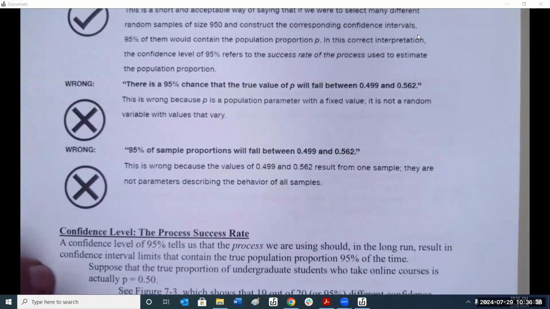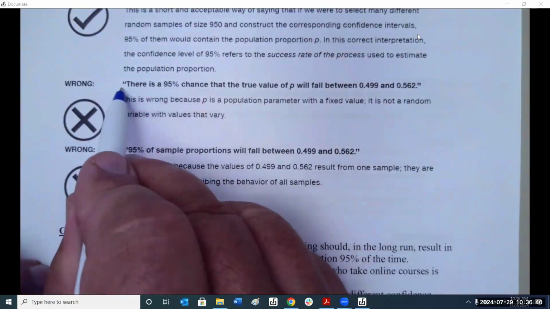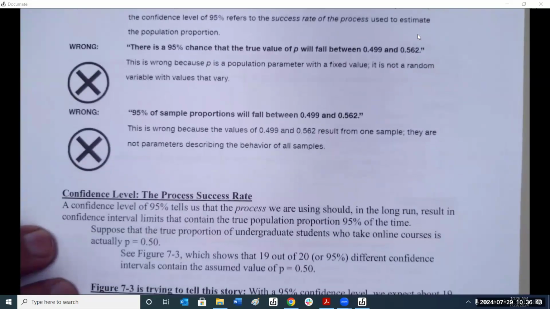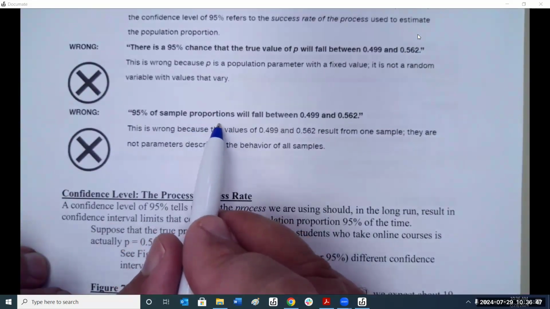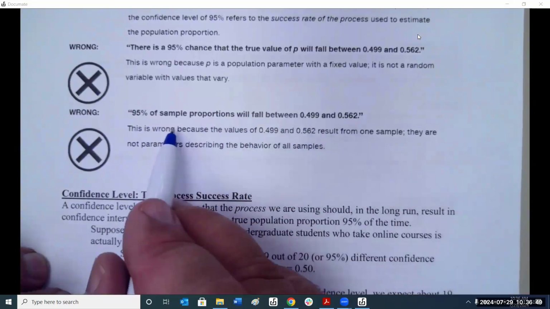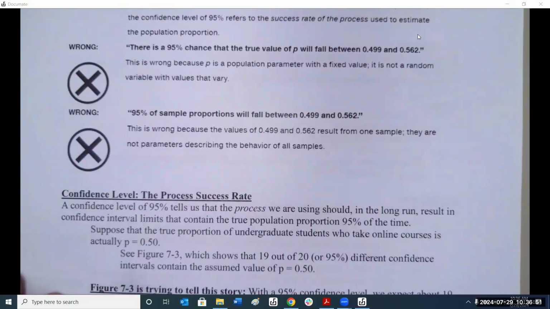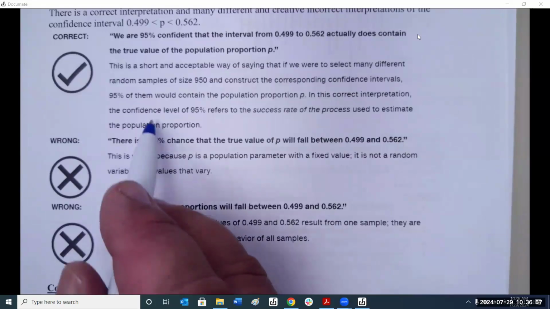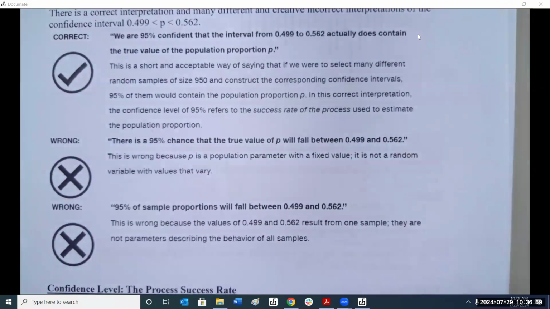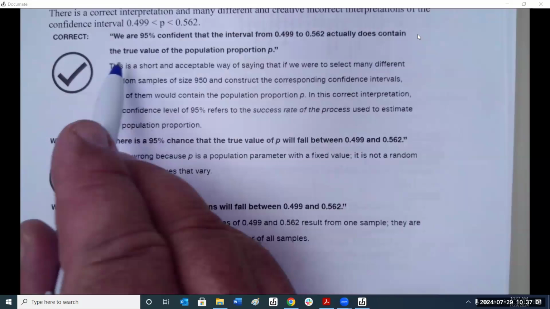It can't move around. But this is the most common way of people saying it. 95% of sample proportions with tails between, no, that's way wrong, because it's stating all this stuff about tails. So this is an obvious wrong one. This is a correct one. So when you do your answers, put them in that format.